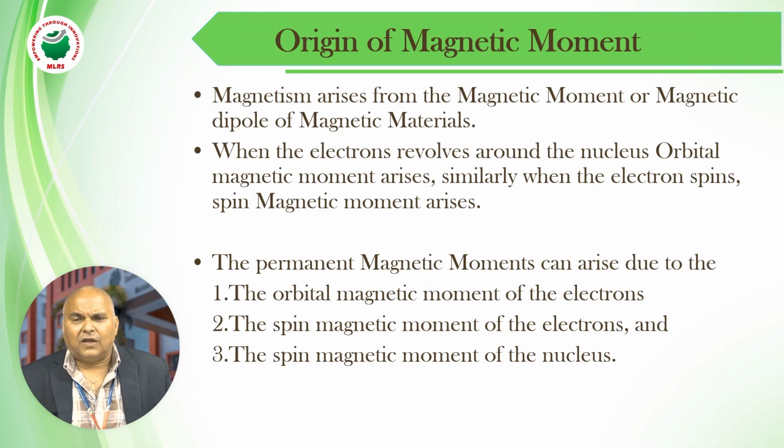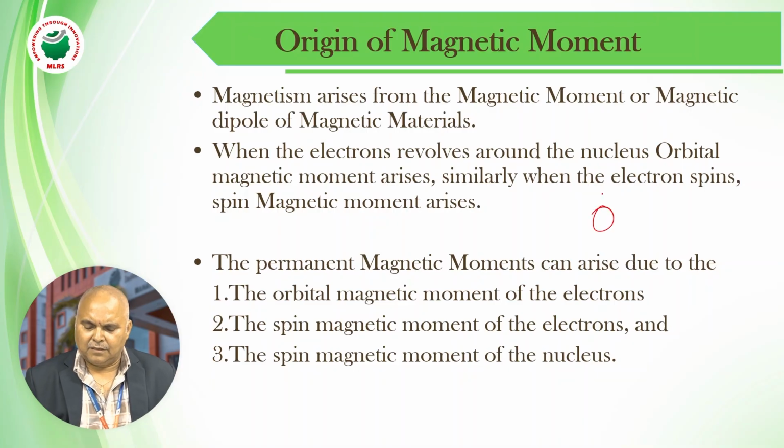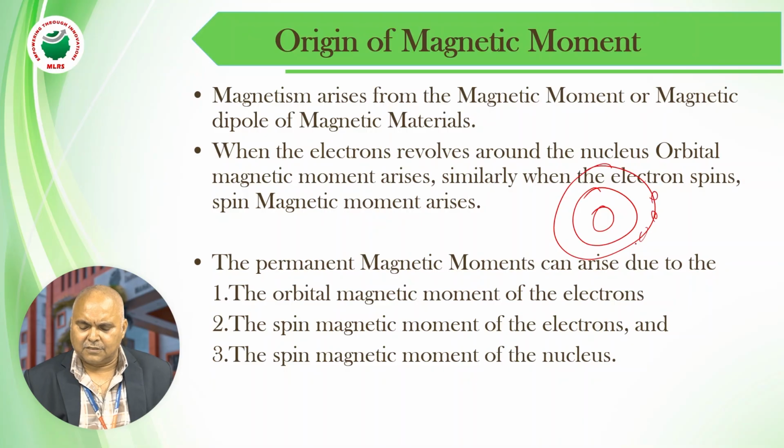And why does the magnetic moment occur? For a good magnetic material, there are shells like 1s2, 2s2, 2p6. In the outer shell of any material there are free electrons. If the free electrons are more, you get more magnetic moment. It depends on these free electrons.